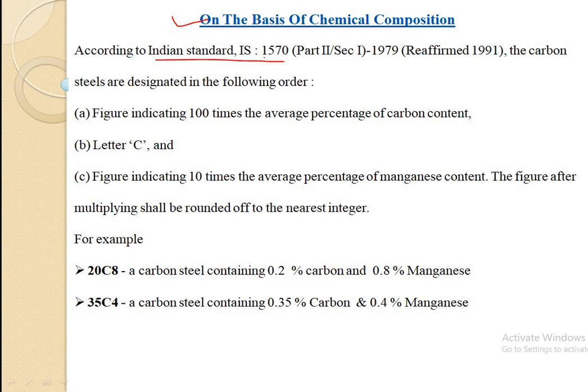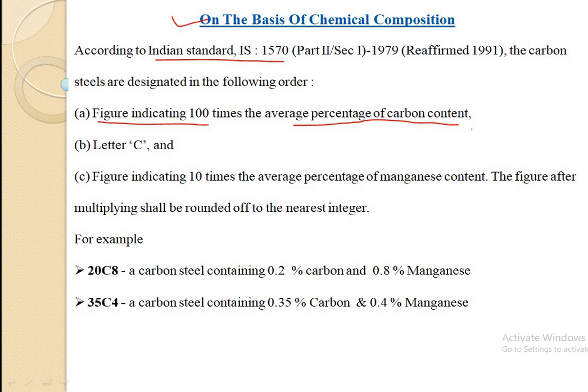In the previous slide we have studied the designation of mild steel on the basis of mechanical properties. In this slide we will understand how to designate a steel on the basis of chemical composition. What is the procedure? The first figure indicates 100 times the average percentage of carbon content.